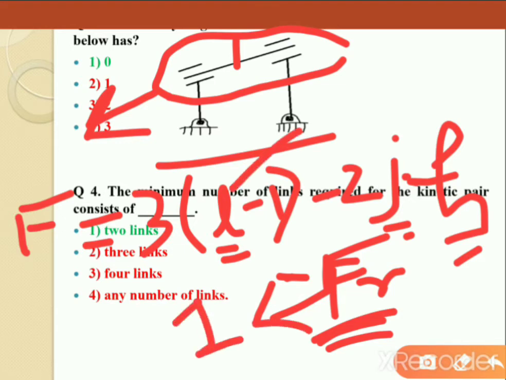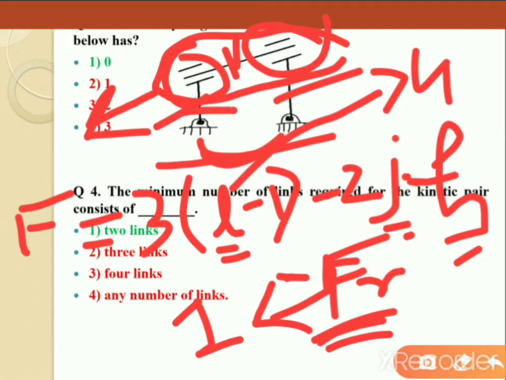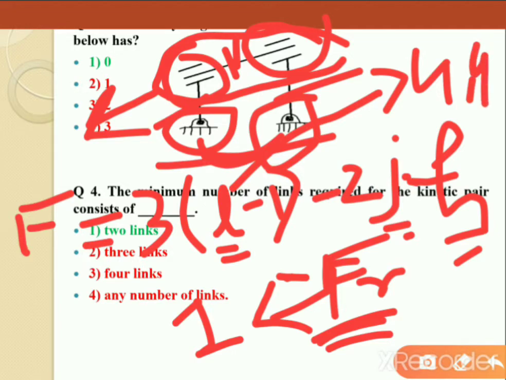The number of links is 1, 2, 3, and the fixed link counts as a single link, so 4 links. The number of joints is 1 sliding pair, 2 sliding pairs, 3 binary pair, and 4, so the number of joints is also 4. No higher pair exists here, so H is 0.